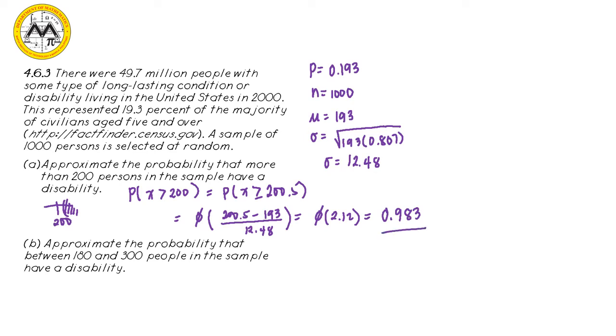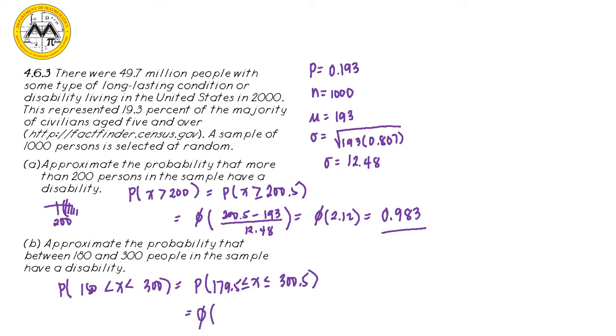Next, approximate the probability that between 180 and 300 in the same sample have a disability. So we're looking for the probability of between 180 and 300. If we're going to include 180, it should be from 179.5 to 300.5.